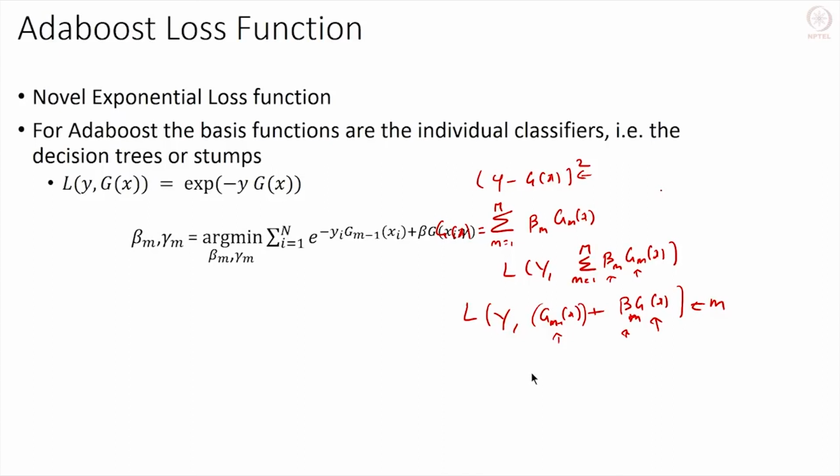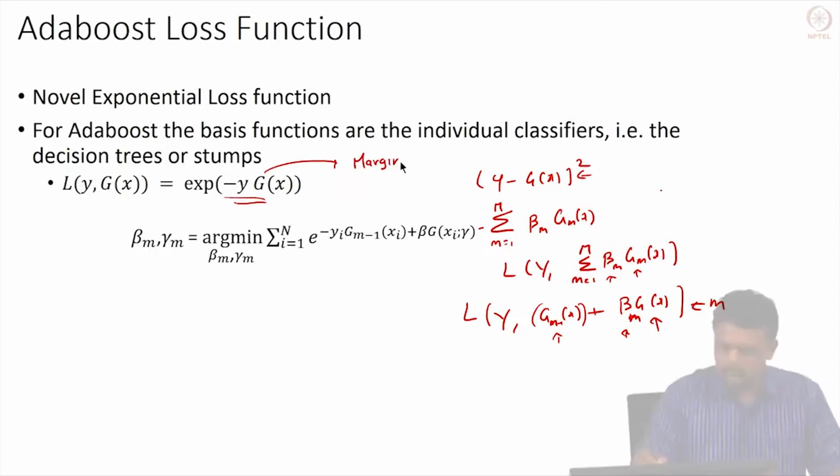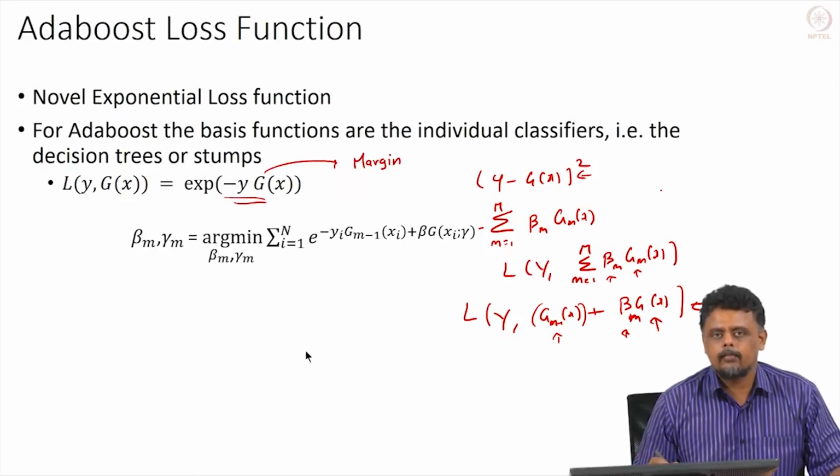So, this L is given by this function, where this particular term y times g of x is the margin. You can think of it as the distance of the data point from the classifier. Farther away it is, the worse the classification.